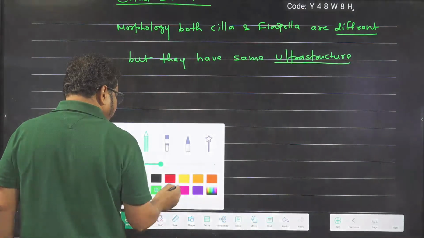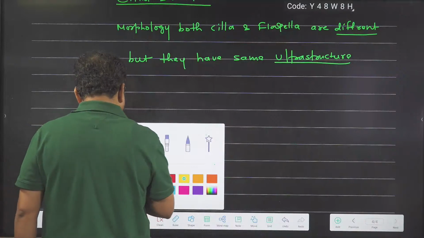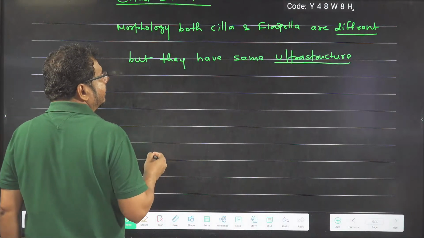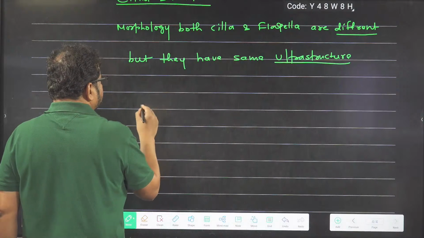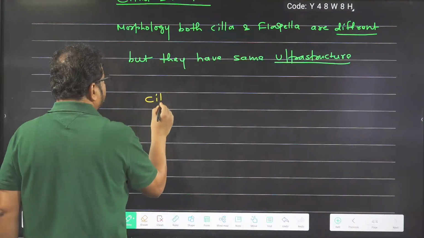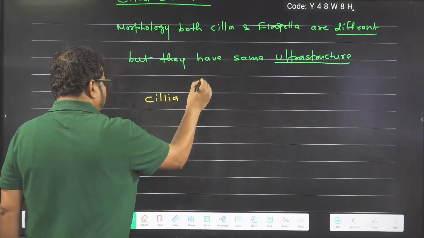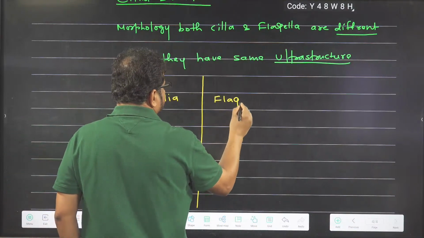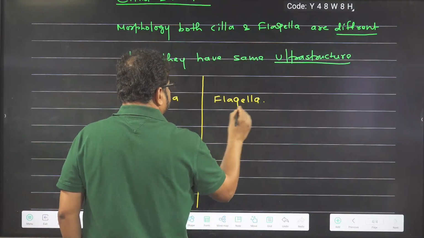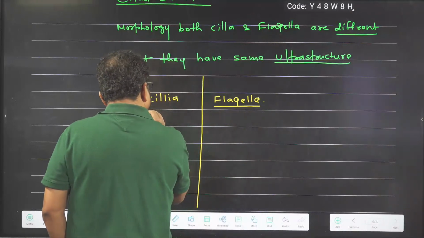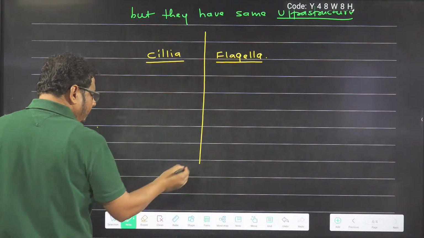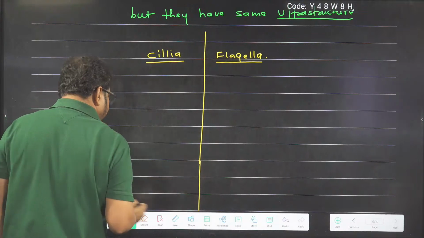So first I am telling you how cilia and flagella are different from each other. Got the idea? On one side I am writing about cilia, on another side I am writing about flagella. First I am telling you the differences between the two. Then I will tell you the ultrastructure of cilia and flagella. So just see the differences first.